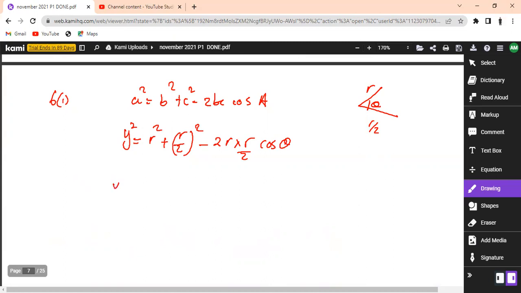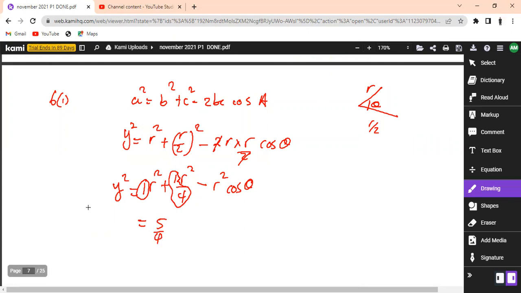So y squared is going to be r squared plus, if you simplify, r squared over 4, since 2 squared is 4, minus, this can cancel, you'll be left with r squared cos theta. Then we can collect like terms. This is the same as 1, this is the same as 1 over 4, so 1 plus 1 over 4 gives us 5 over 4.